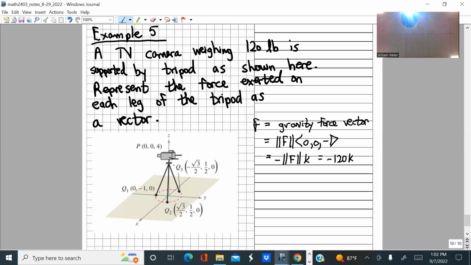So that I don't have to constantly refer to points, let's call these vectors U, V, and W. These are going to be the force on the tripod leg vectors, or something.